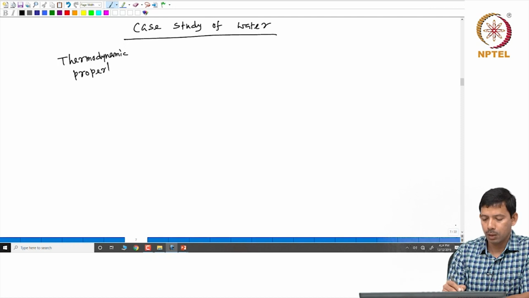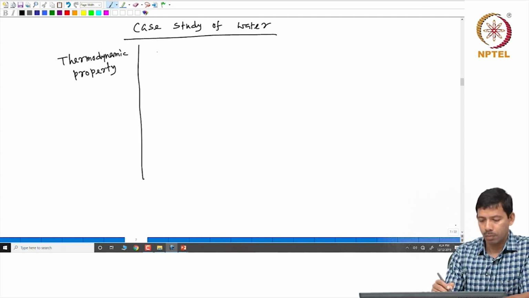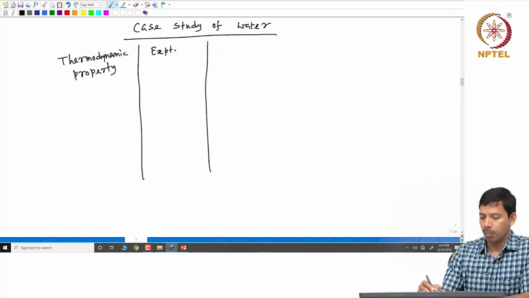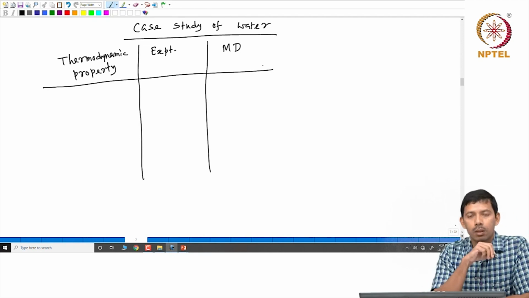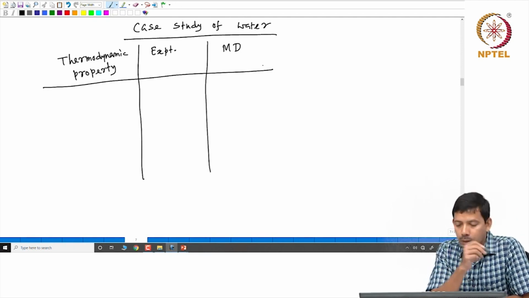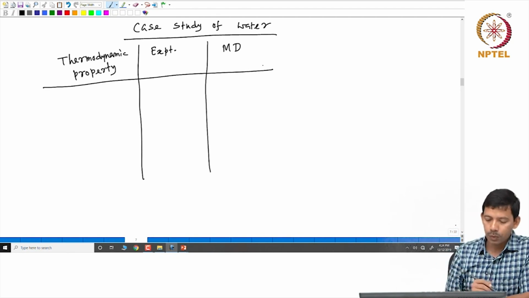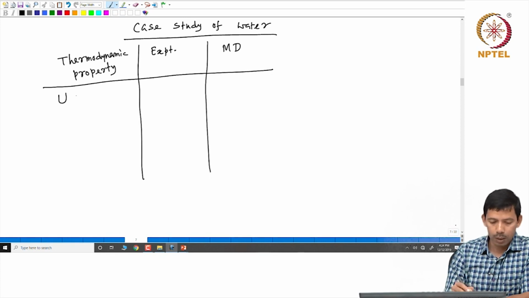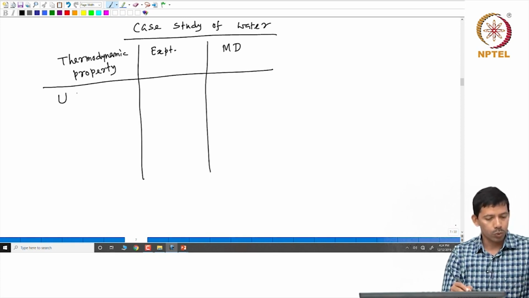Thermodynamic property, then result from experiment and result from molecular dynamics after generating so many conformations and then taking the ensemble average over them, ensemble or time average. So, the thermodynamic property, the first one is the potential energy of water in kilojoules per mole.